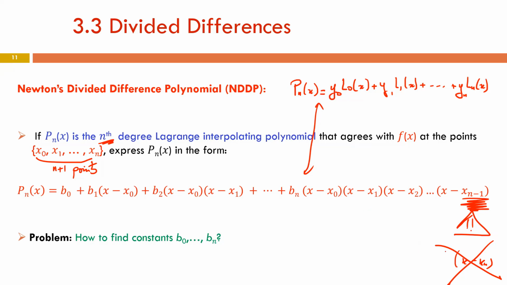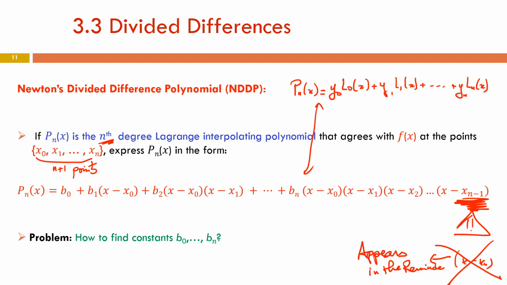X minus xn appears in the error, in the remainder. So here we stop the product at n minus 1. For each term we add, we multiply by a new linear polynomial, x minus xk plus 1. Using this expression of the polynomial is another way to calculate the polynomial.